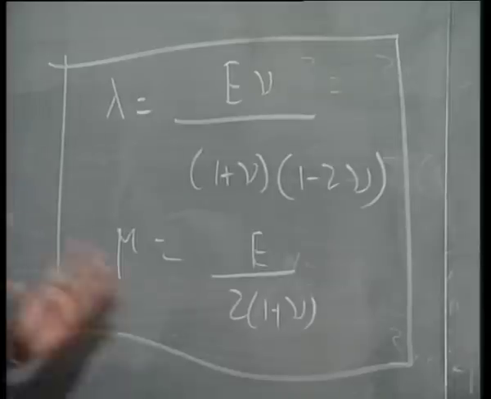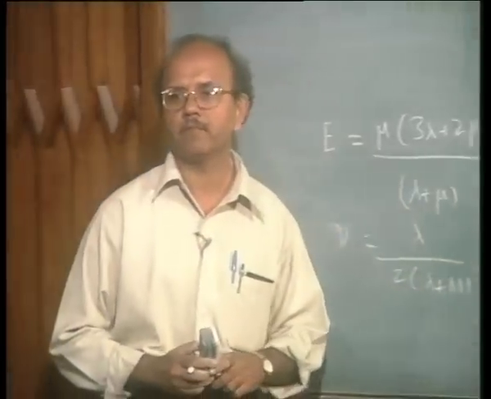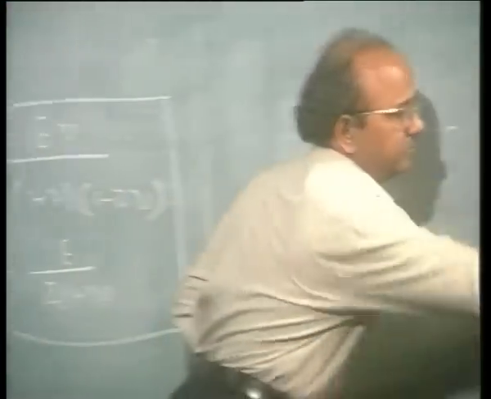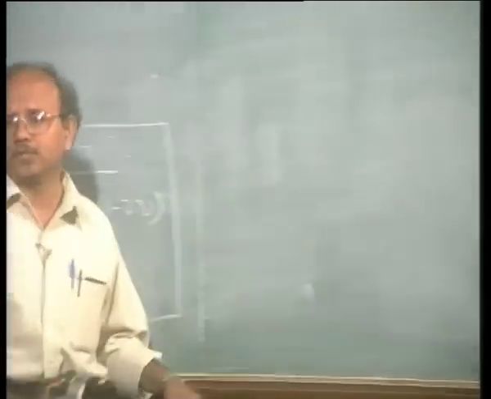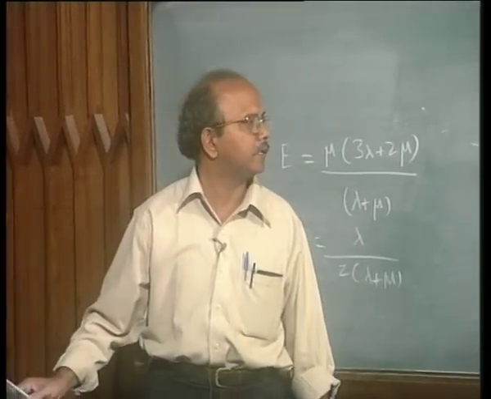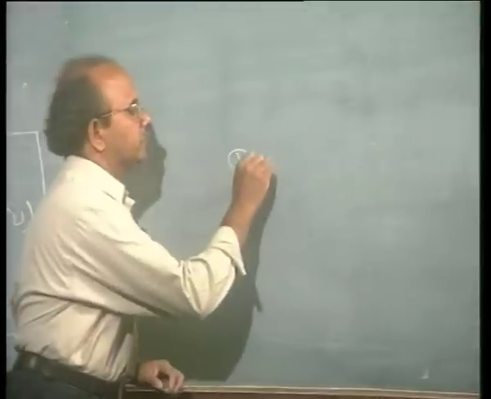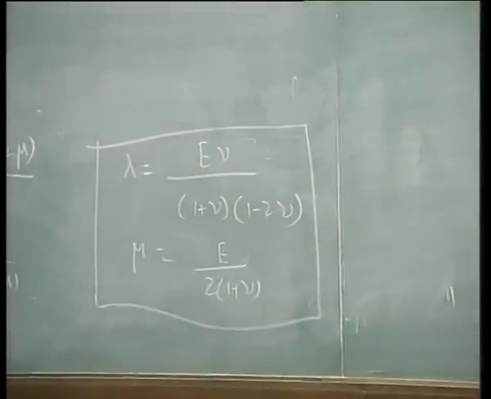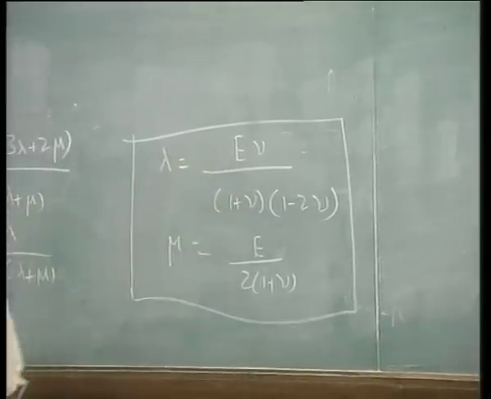Okay, now let me substitute this simple algebra into my earlier expression for sigma ij. Can you do that, and let's see what you get out of it. Let's write it for sigma 11 so that you don't get confused. Unfortunately I have removed that. So can someone write it in terms of sigma 11? No, write it in terms of this and tell me.